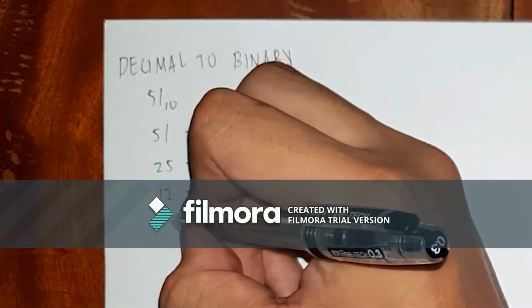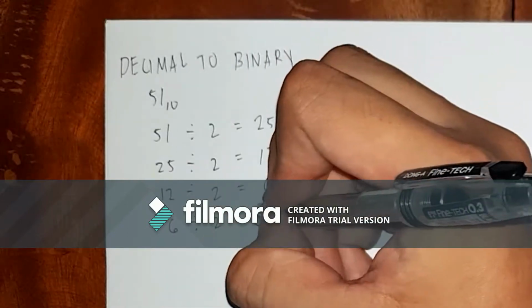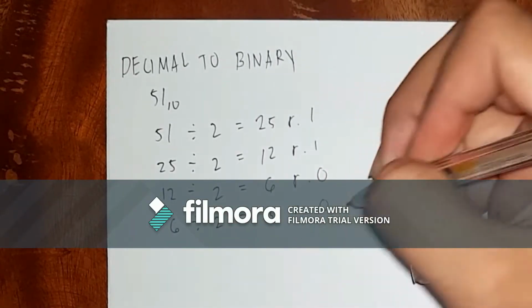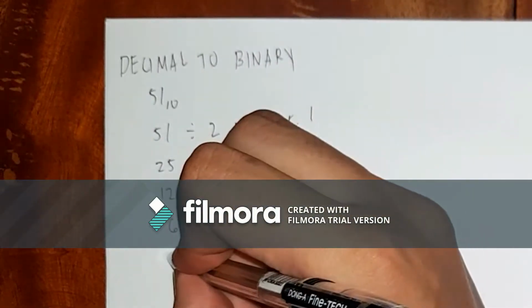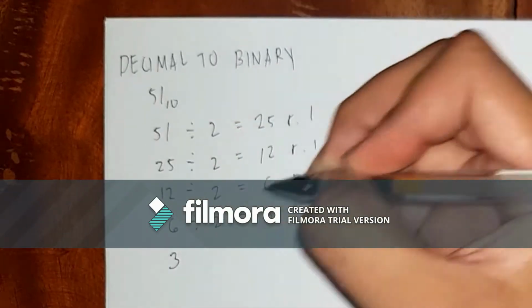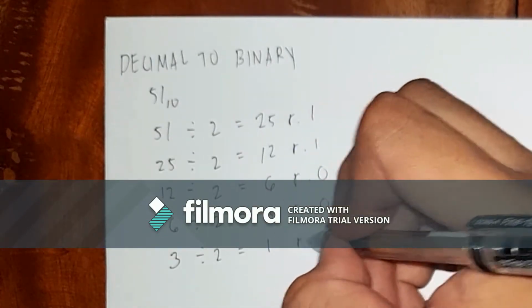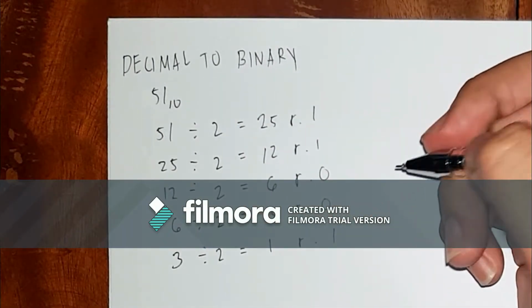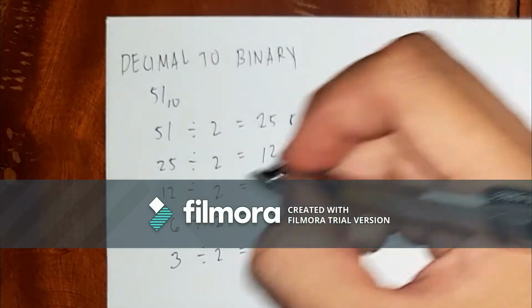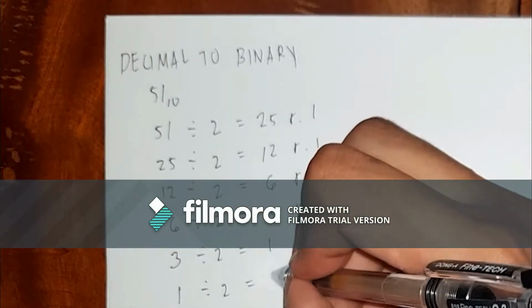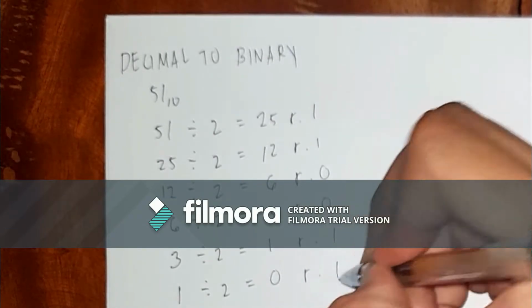Then, 6 divided by 2 is equal to 3, remainder 0. Next, 3 divided by 2 is equal to 1, remainder 1. And lastly, 1 divided by 2 is equal to 0, remainder 1.